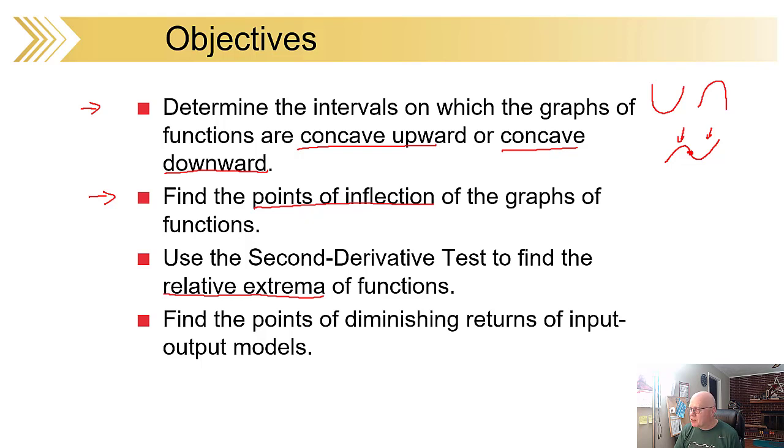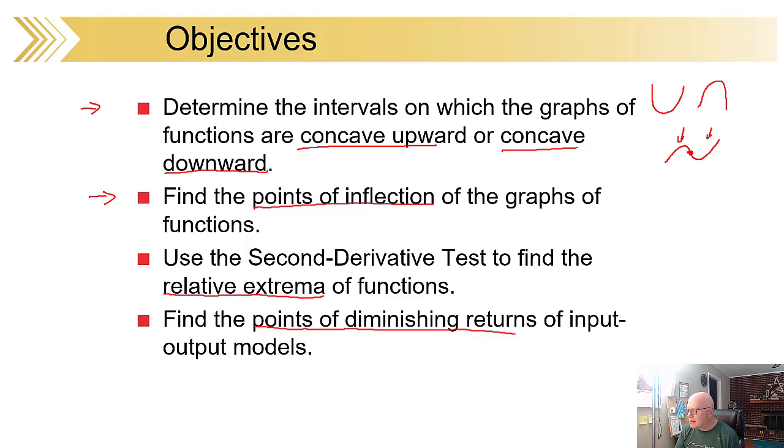It translates to, in a certain interval of your graph, do you have a high point or do you have a low point? That's what it really amounts to. And if you're talking about cost or profit or revenue, that's important. If you can find out where that's happening, at what production level or sales level, you can make the most money. That's what it's all about.